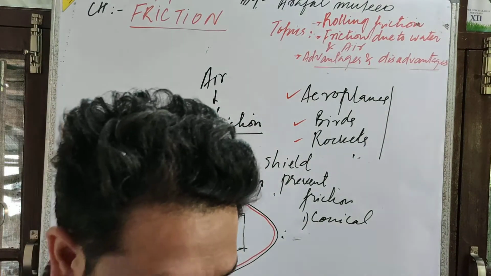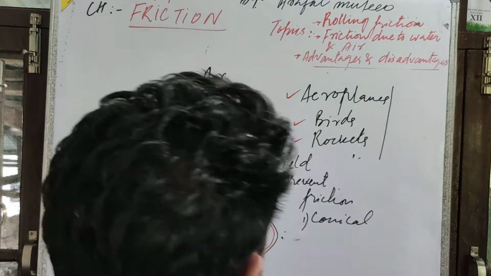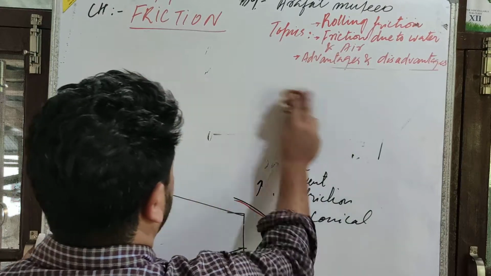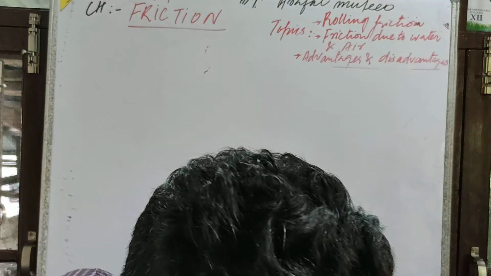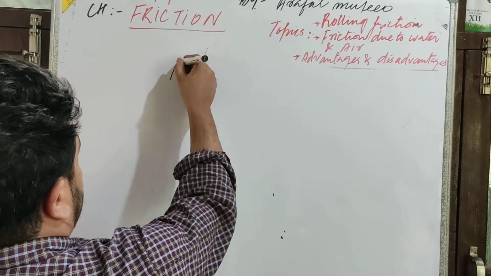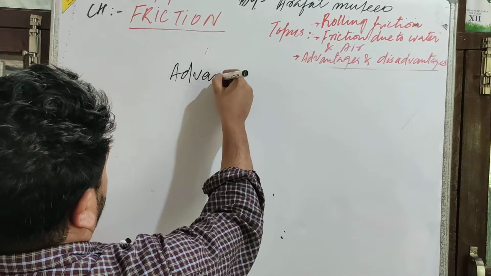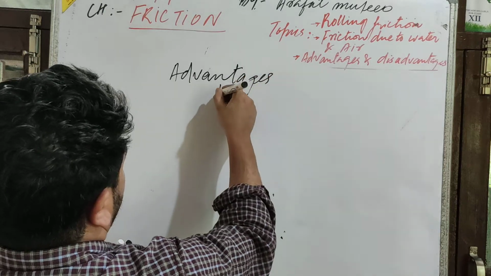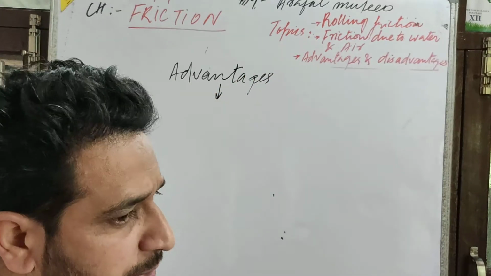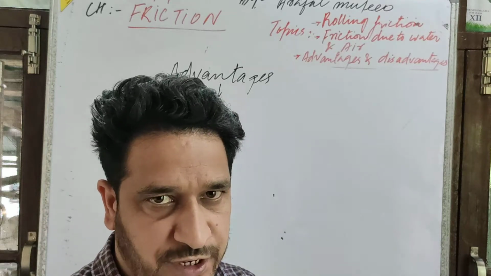What are the advantages of friction? Friction का होना भी अच्छा है. Advantages of friction ये है, because of the friction we can walk on the ground surface.